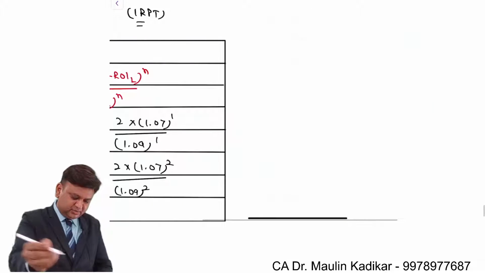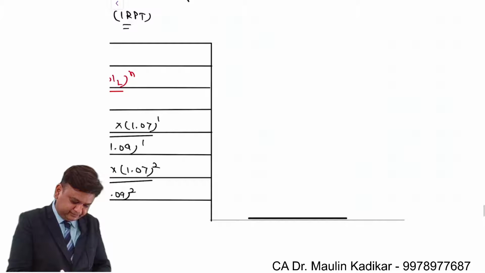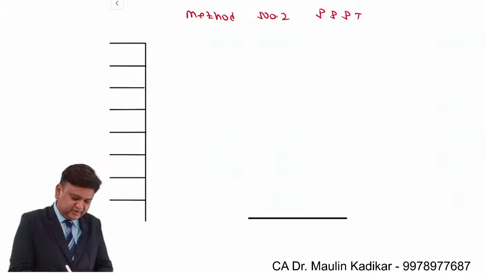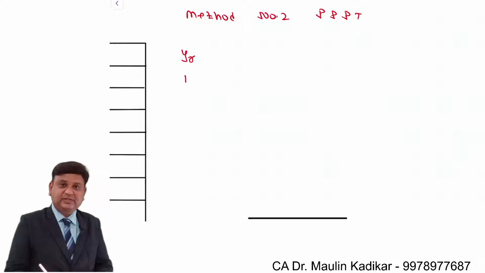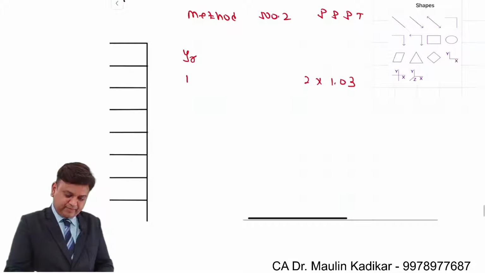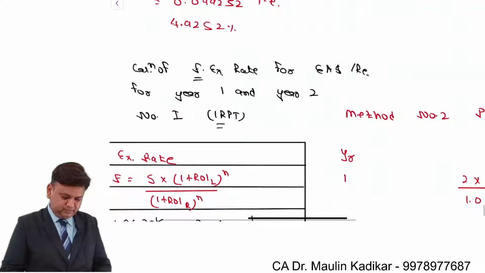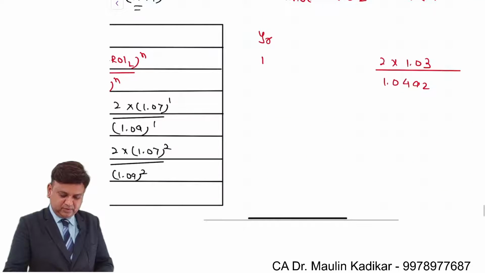So over here, method number 2. Method number 2 is the purchasing power parity theorem. In that, once again, as far as year 1 is concerned, it is 2 into 1.03 divided by 1.049252.